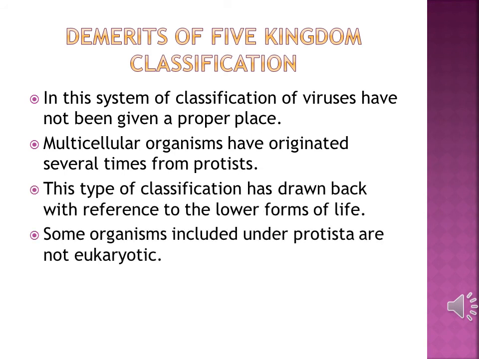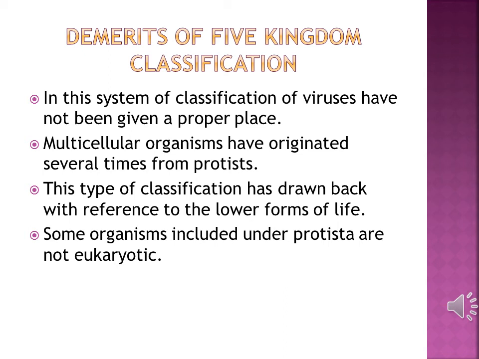Let's see the next topic, which is the demerits of 5 kingdom classification. Unicellular algae are kept in kingdom Protista, whereas algae like multicellular organisms are kept in kingdom Plantae. But similar organisms must be put together. There is a diversity in kingdom Protista.